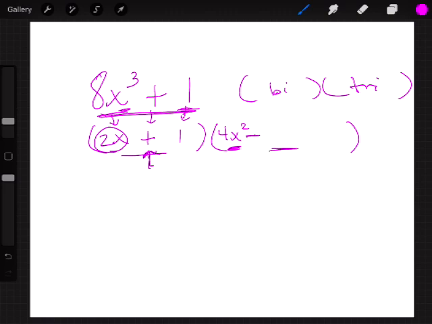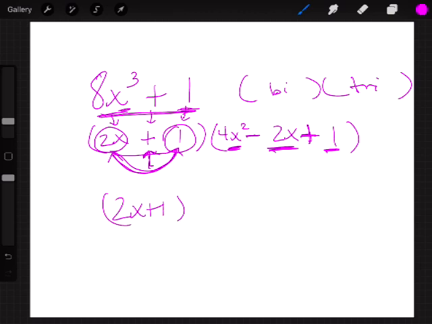To get your middle term, you multiply these two together, so 2x times 1 is 2x. The next sign, as I said, is always positive. For the last term, you take the 1 and square it. 1 squared is 1. Your final answer: 2x plus 1 is your binomial, and the trinomial is 4x squared minus 2x plus 1.